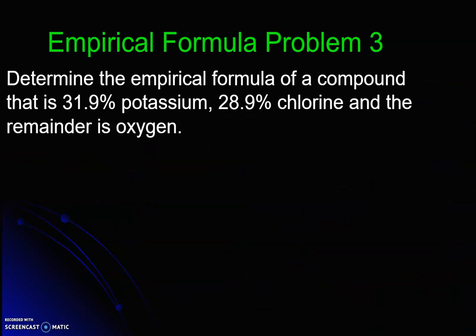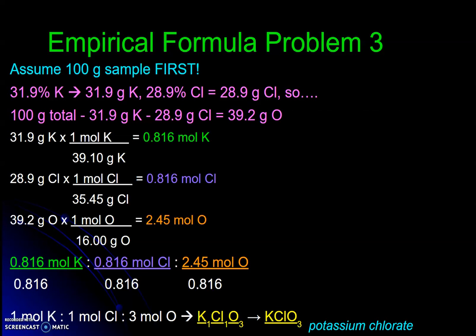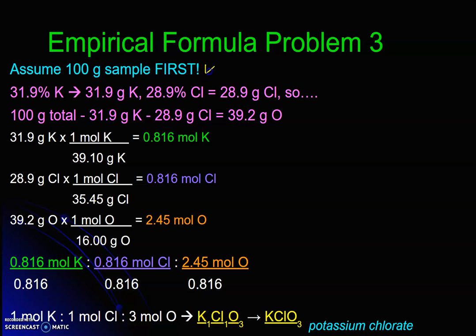number ratio. So again, check and make sure that you have your 100-gram sample first. And if you have all your grams, you can either subtract from 100% or from 100 grams, either one, but you can get your missing amount of oxygen here. Change all of your grams into moles.